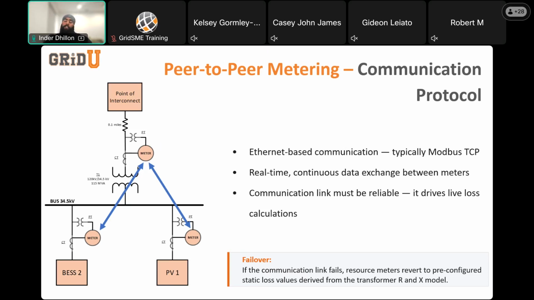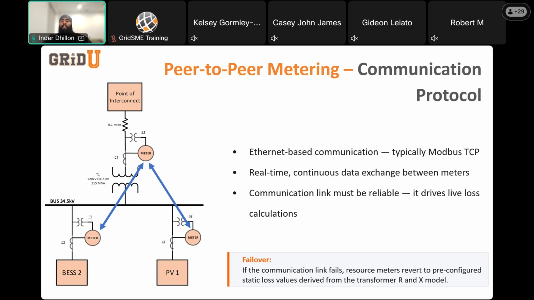And now we might think, what happens if the link goes down? And this is actually pretty important. The meter has a failover mode that gets programmed into the meters. So when the communication link drops, the dynamic loss calculation stops. The resource meters can no longer receive live corrections from the calculating meter. And at that point, they fall back to a set of pre-configured static RNX values.